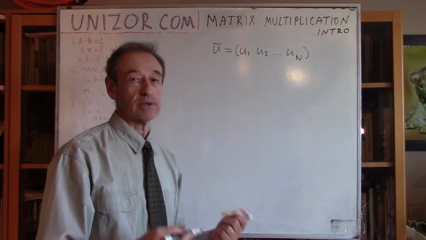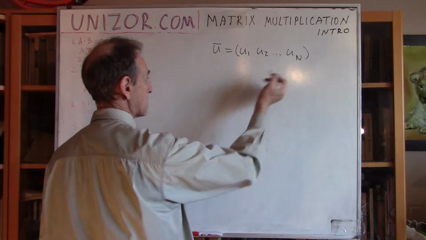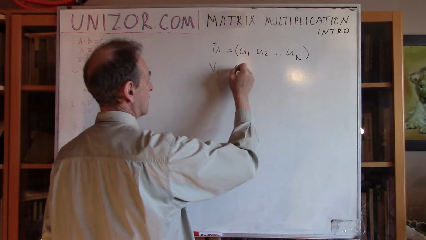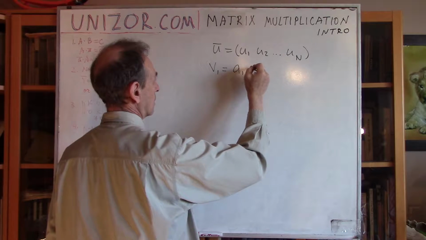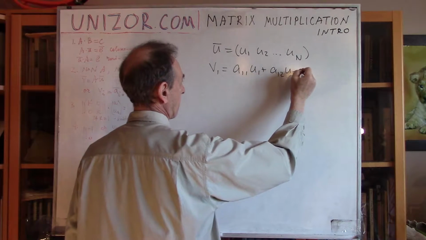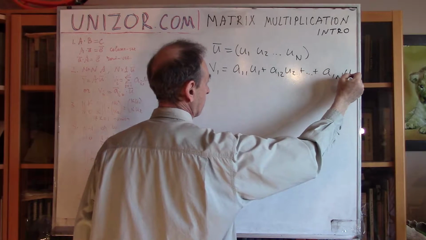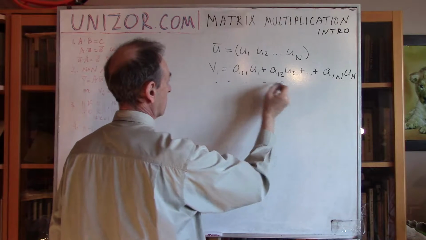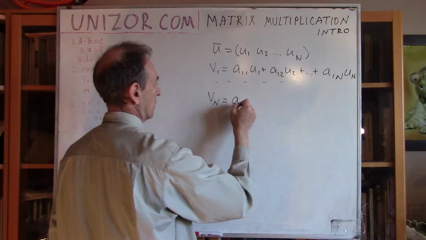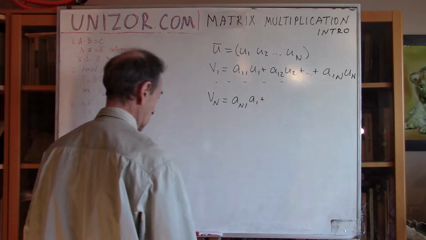In this case, the matrix is a square matrix, n rows and n columns, because that's how all these equations will look. Now, this is the first equation. And this is the last equation. That should be U1.